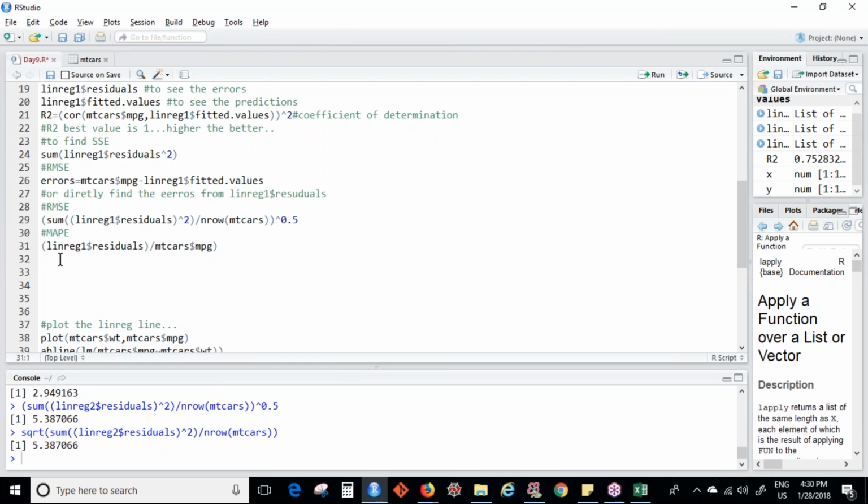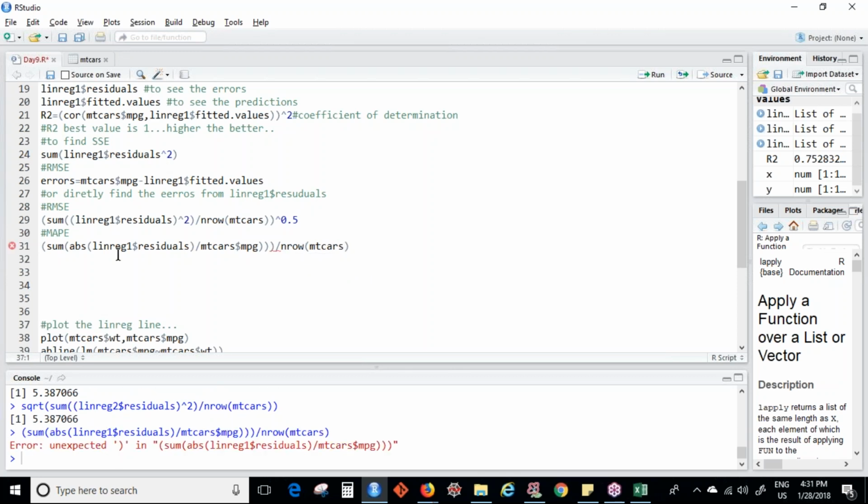I will take the absolute value of it by using the function abs. Then I will add all of this together, and finally divide everything by the number of rows that I have, n row mtcars. Oops, I missed a bracket.